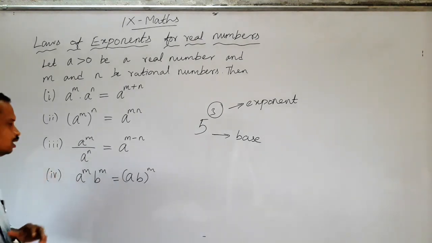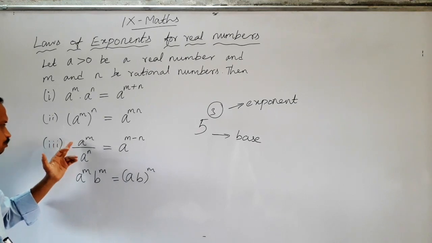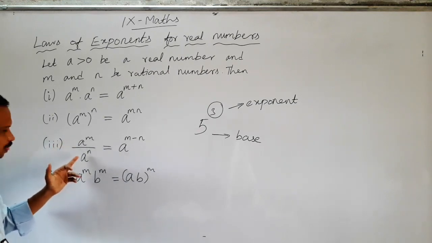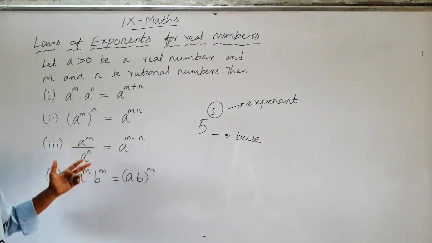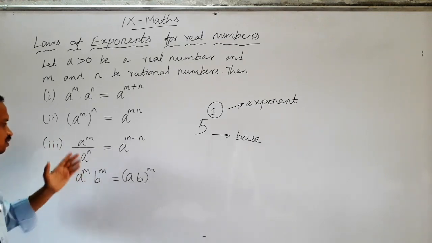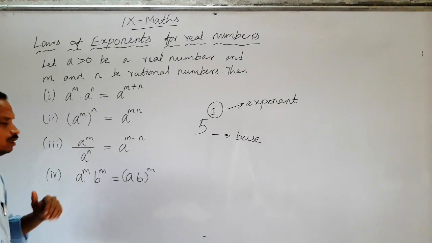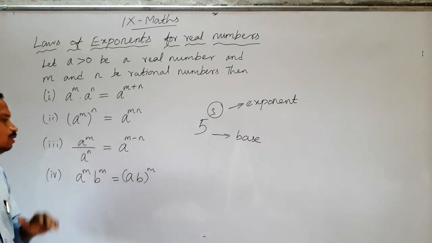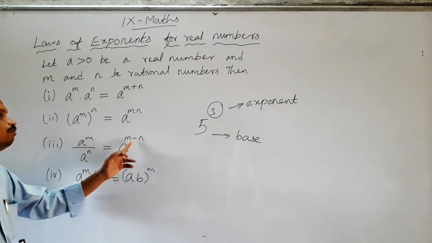Third one, a power m by a power n. So here you see the base is same. The exponents are different, but the two are dividing. Clear? A power m divided by a power n. So when you divide, okay, you get a power m minus n.